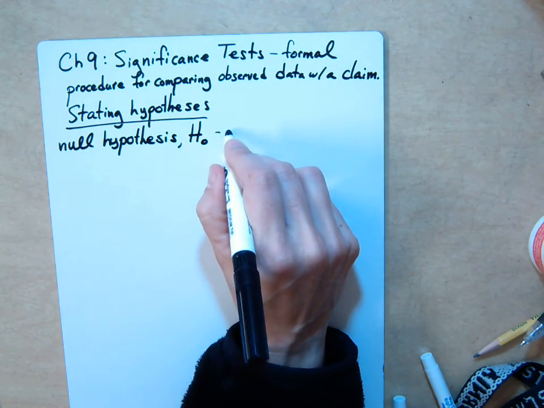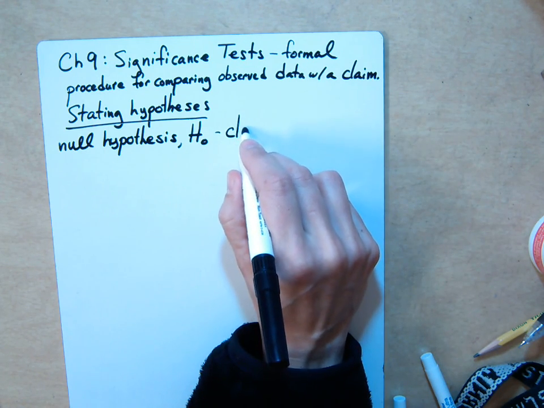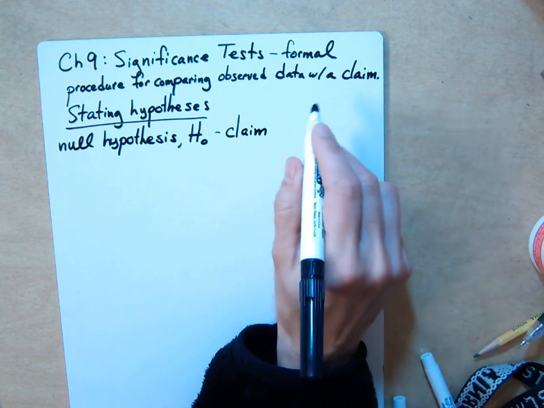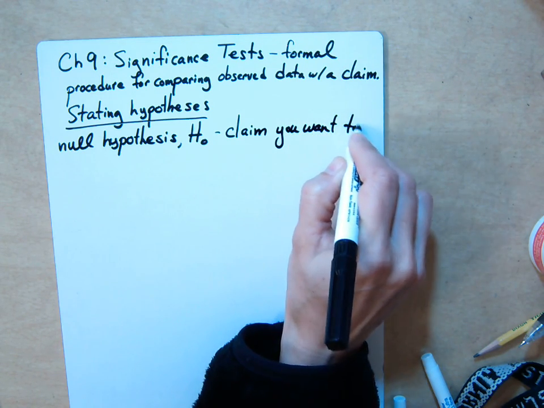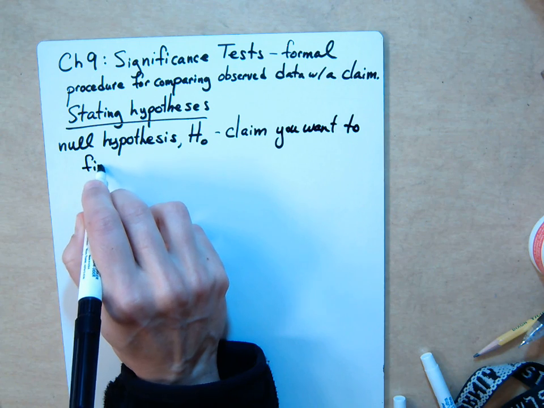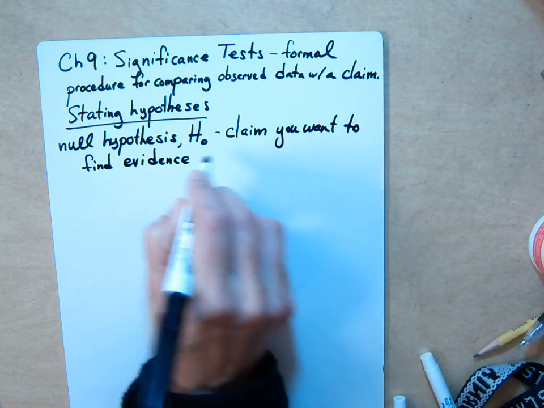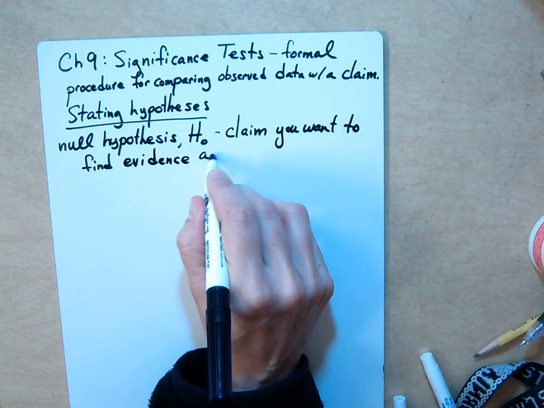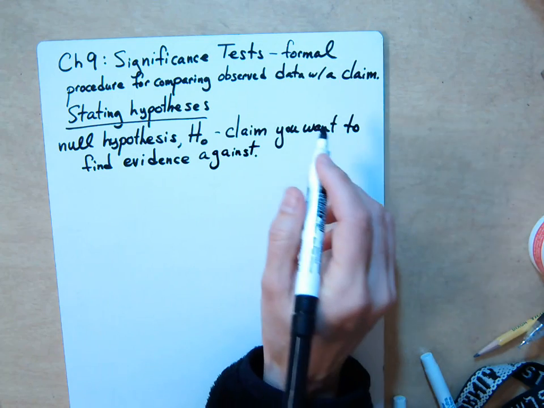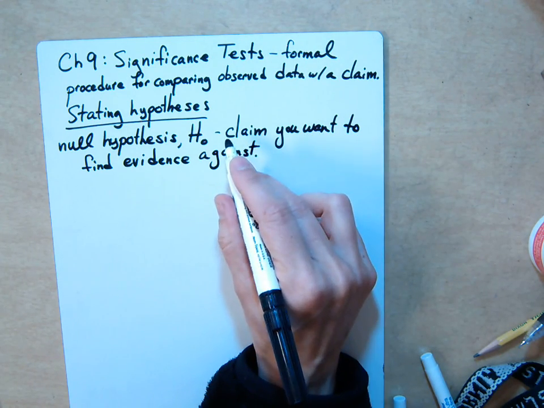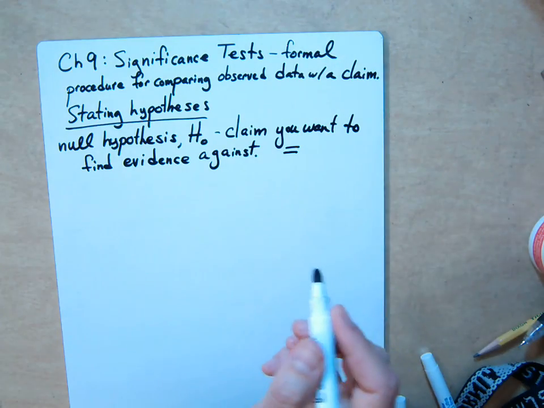And this is basically the claim you want to find evidence against. Because if you can find evidence against it, so null hypothesis, it's almost a statement of equality, you'll see in the examples.